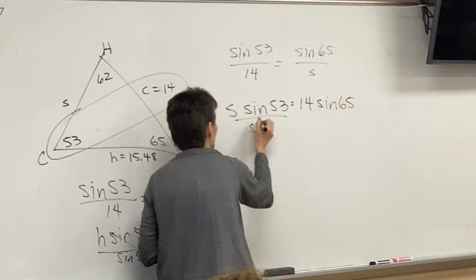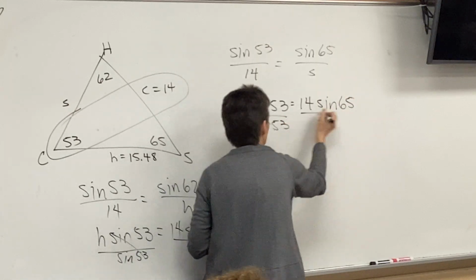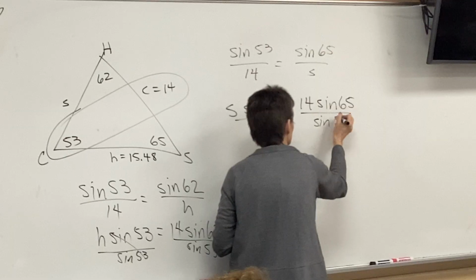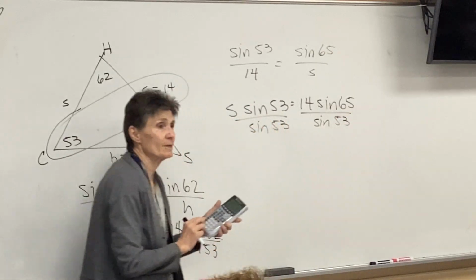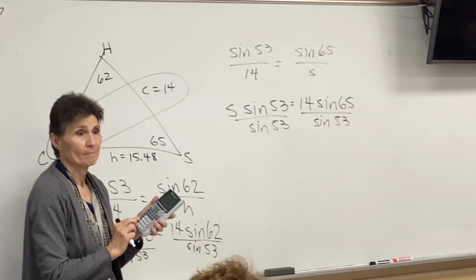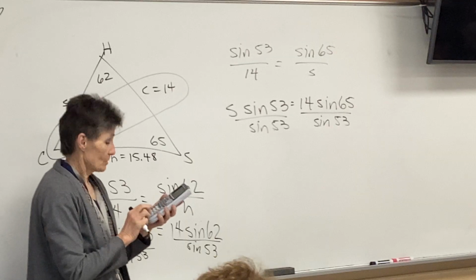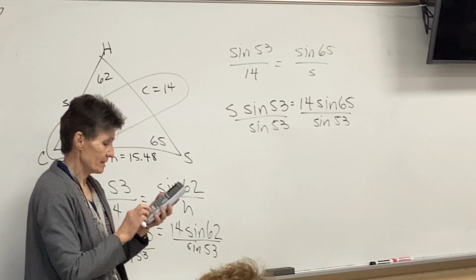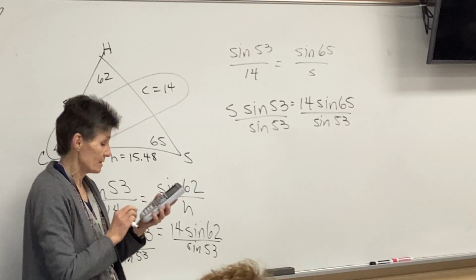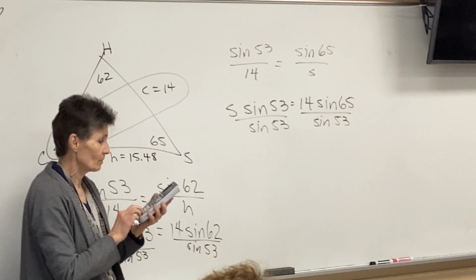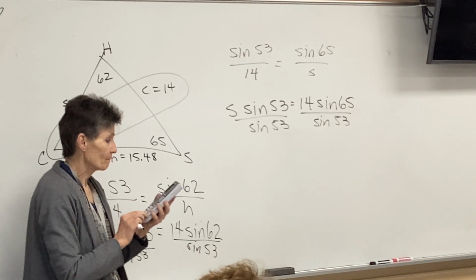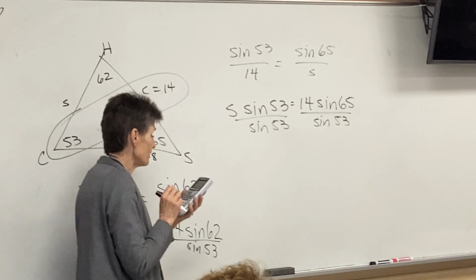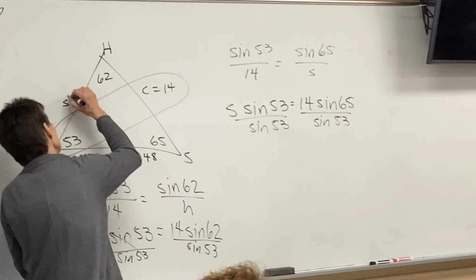And divide by sine 53. All right, did everybody follow that? Did I do that too quickly? So 14 sine 65 close parentheses divided by sine 53. 15.89.